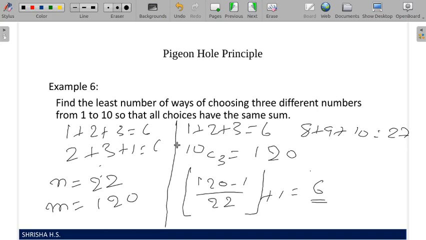Suppose you choose 1 plus 2 plus 3, which sums to 6. You pick 1 plus 2 plus 3, 2 plus 3 plus 1, and so on, and there are 6 such combinations. So a minimum of 6 picks are required such that all of the same-sum combinations are covered. That's the best case, which is what it's talking about.